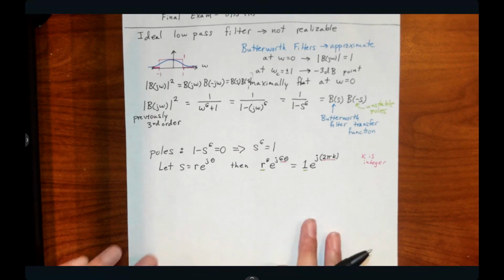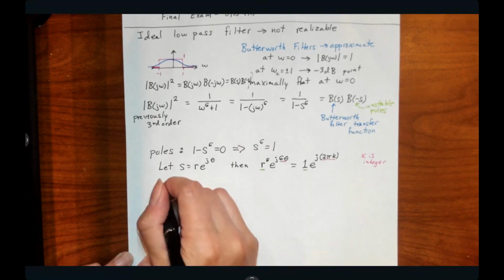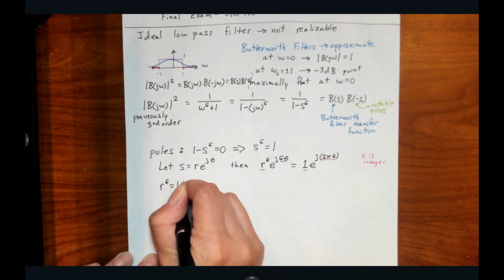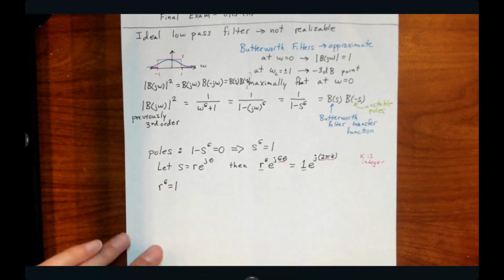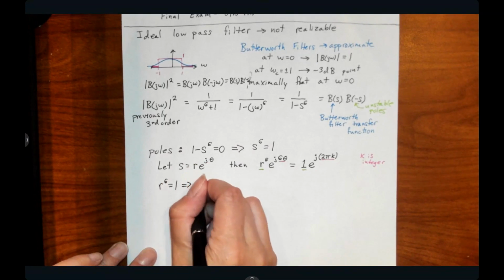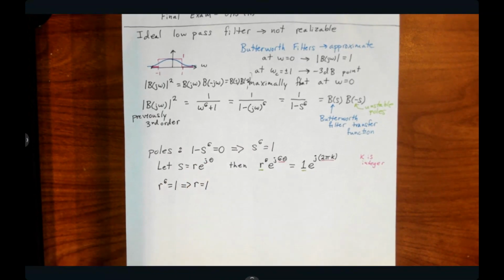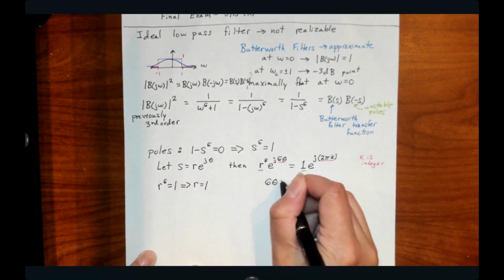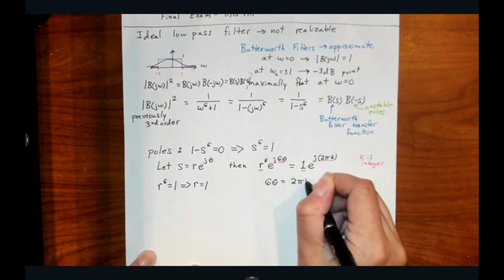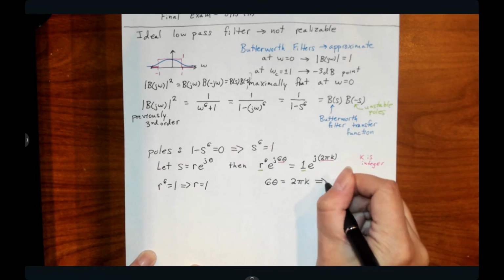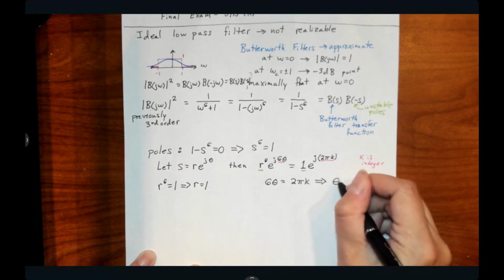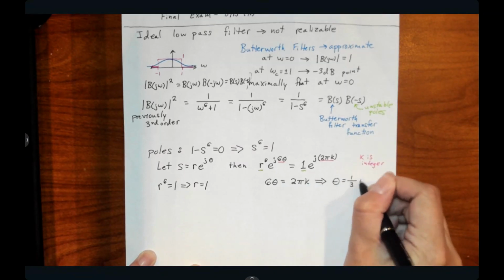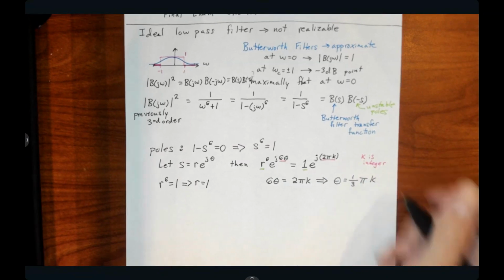Okay, so from this comparison here, we have r to the 6 is equal to 1. So what we're going to get here is r equals 1. And then for the other expression, we have 6 theta is equal to 2 pi k. So from here, we get that theta is equal to 1/3 pi k.